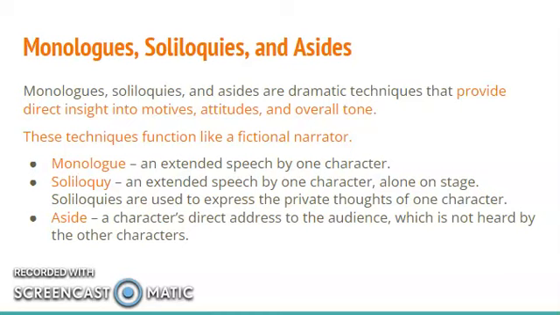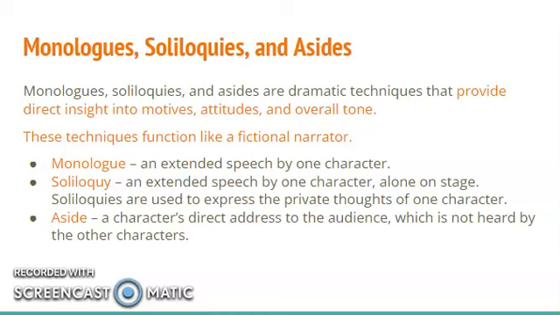It's where one character is standing on the stage giving an extended speech that's heard by the other characters. It can almost be seen as a rant, though it might not always have that tone, but it's where they are pouring out a lot of dialogue that gives us a lot of insight into what is going on with them in this play.